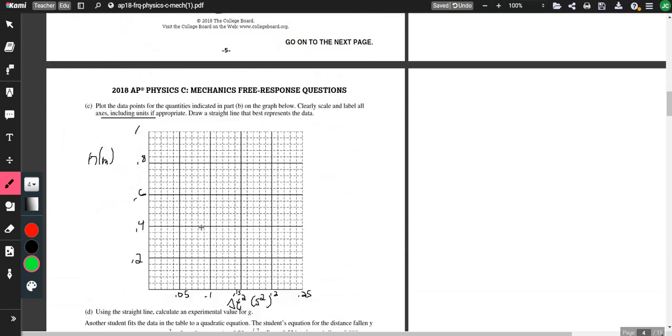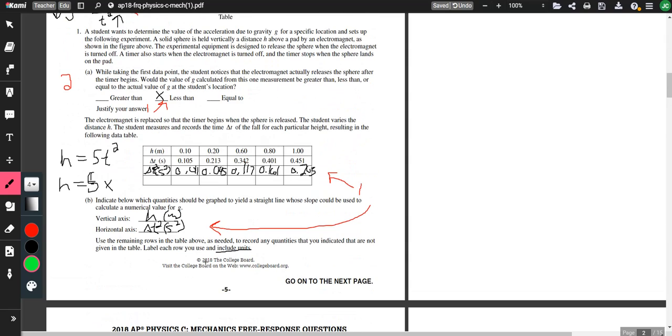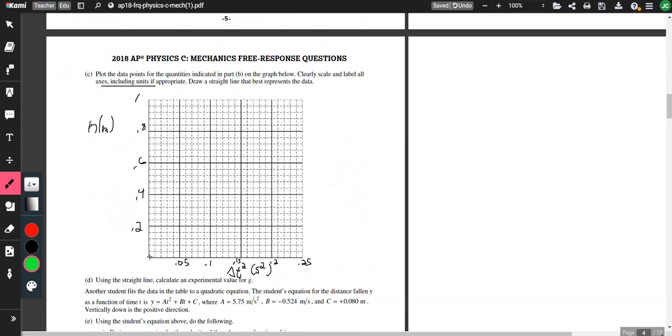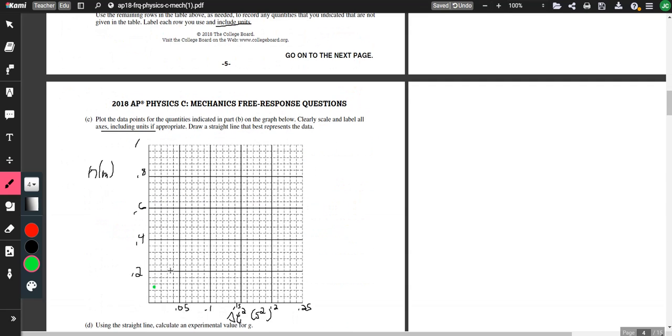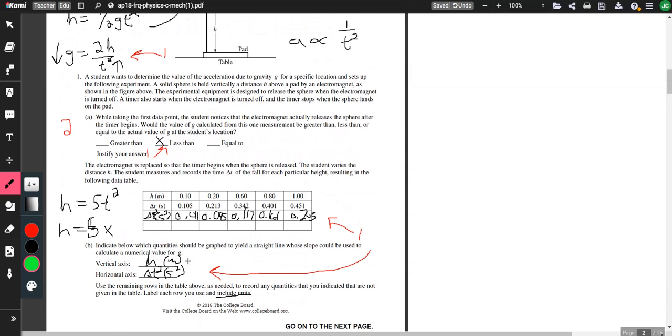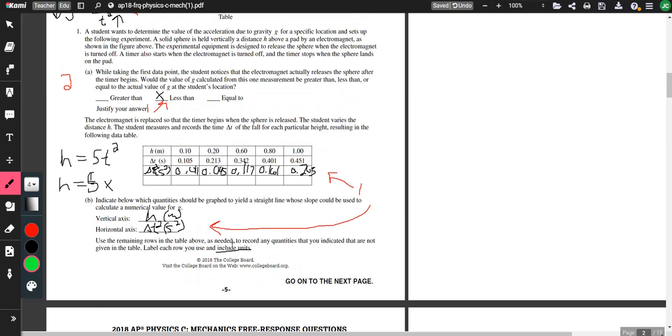All right, so going through these points, 0.1, and this is going to be really hard to read. 0.1 and 1, so that'll be right about there. 0.2 and 0.45. 0.6.